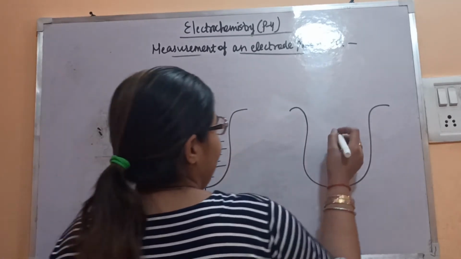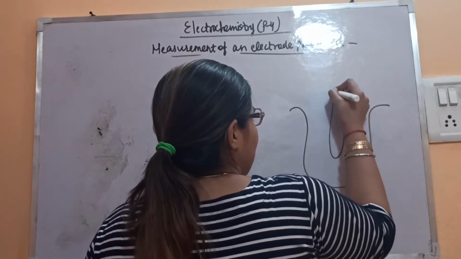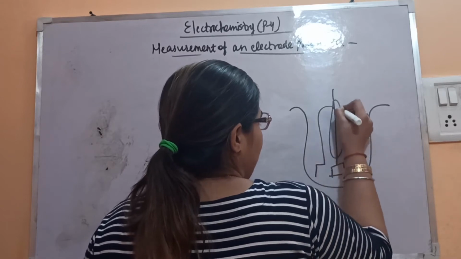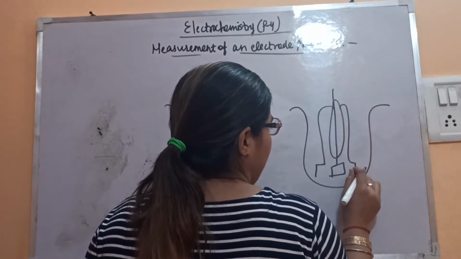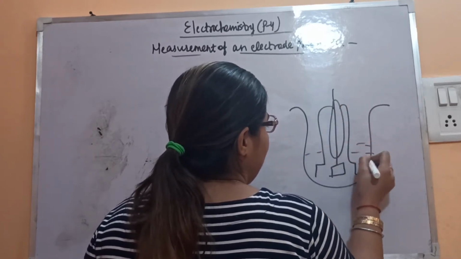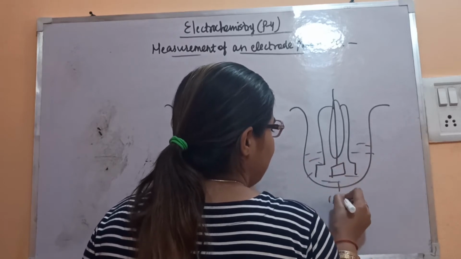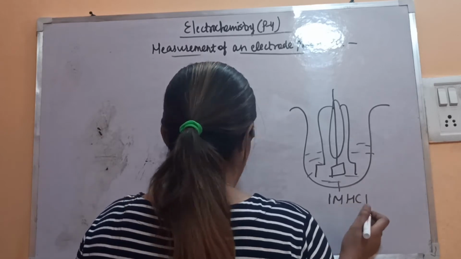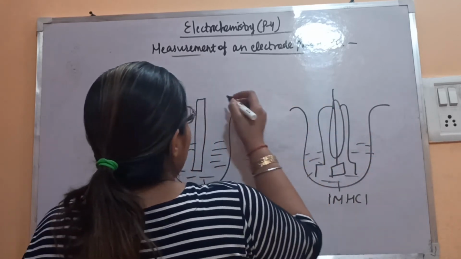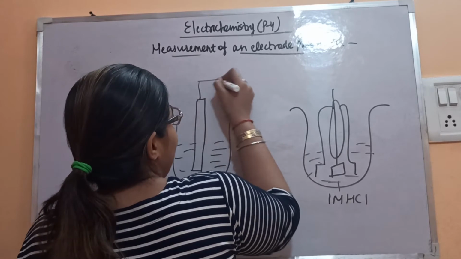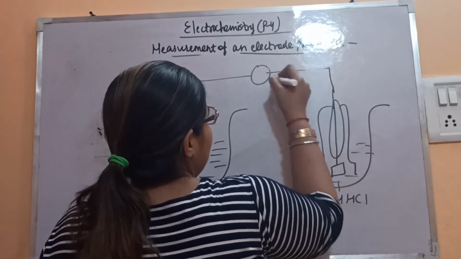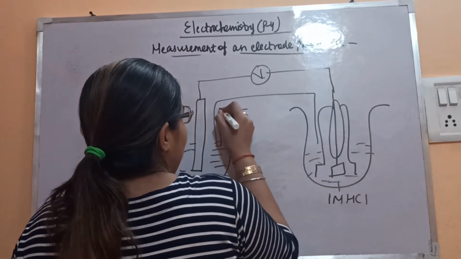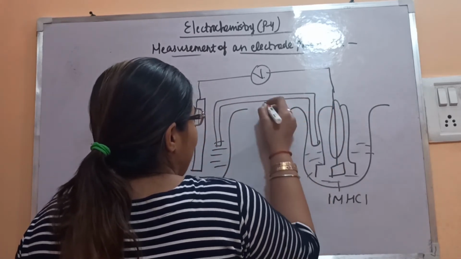And here we'll take the setup of the hydrogen electrode and 1 molar HCl solution. Then these rods will be connected with the help of a voltmeter, and the electrolytic solutions will be connected with the help of a salt bridge.